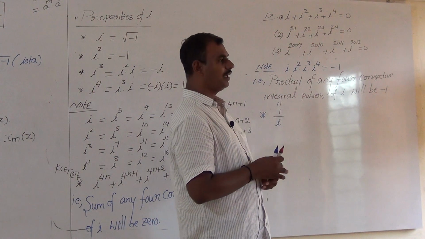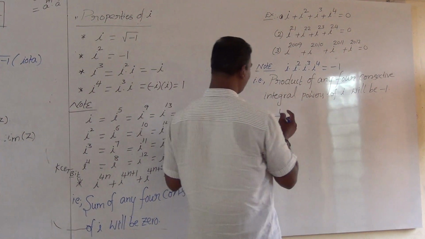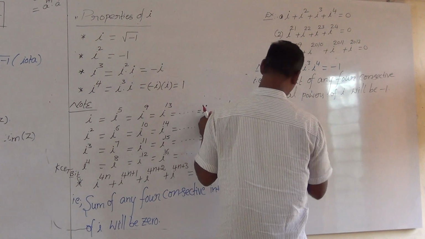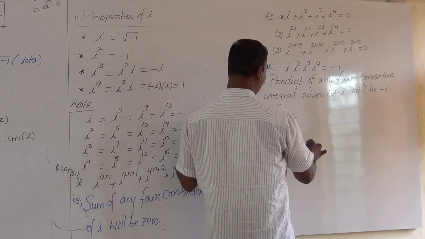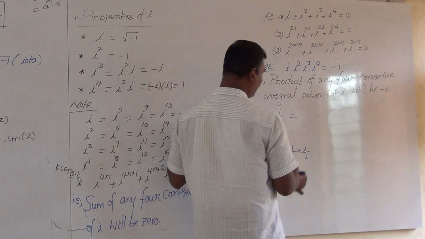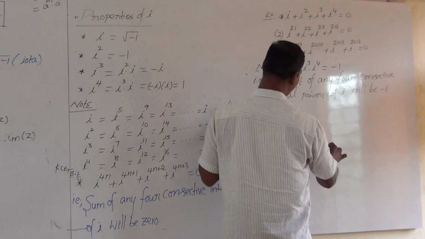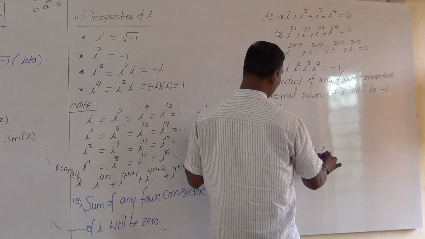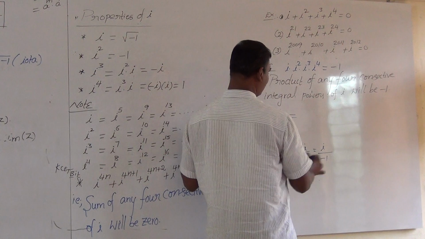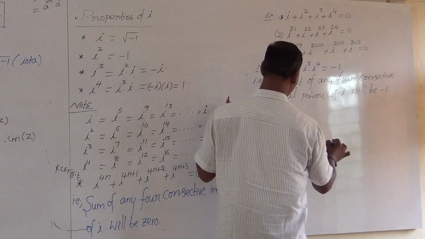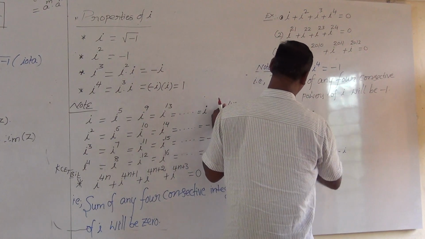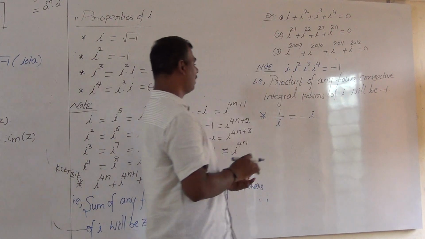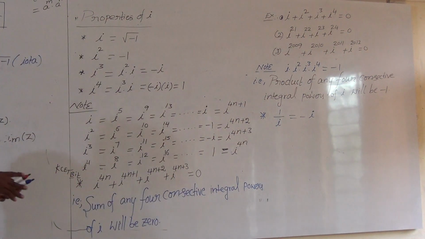Multiplying and dividing both numerator and denominator by iota. So 1 by iota becomes iota divided by iota square, which is minus 1. The value of iota square is always minus 1. This is equal to minus iota. So the answer is minus iota. Remember, 1 upon iota is equal to minus iota.